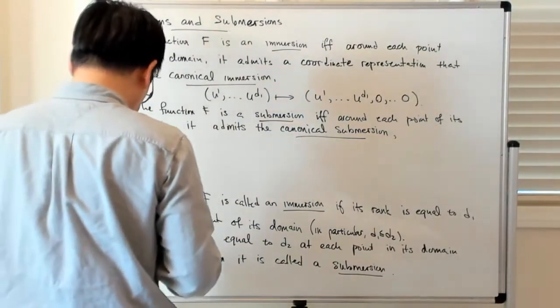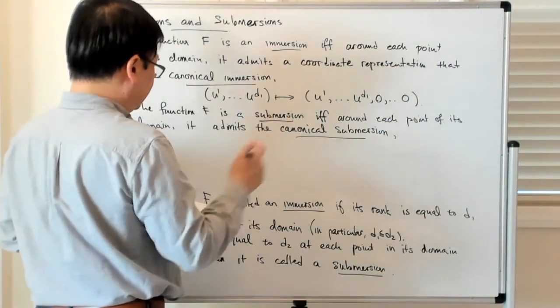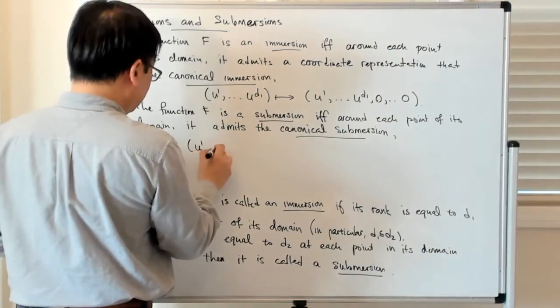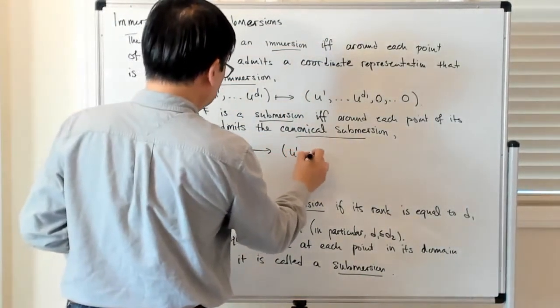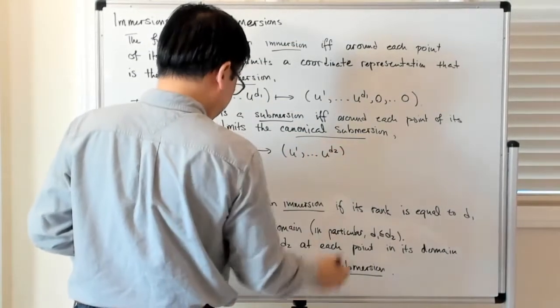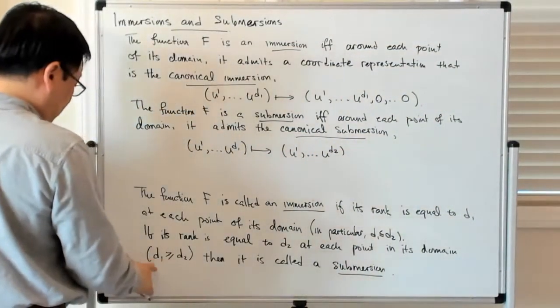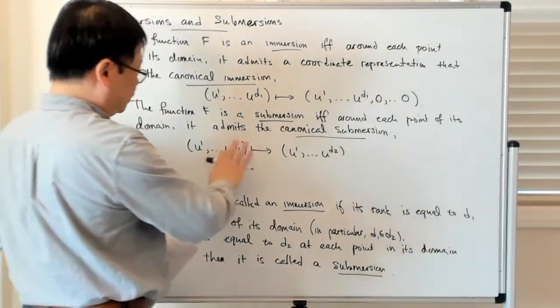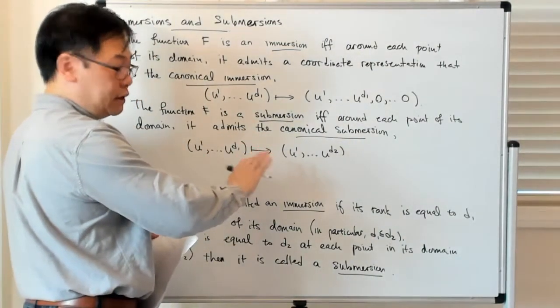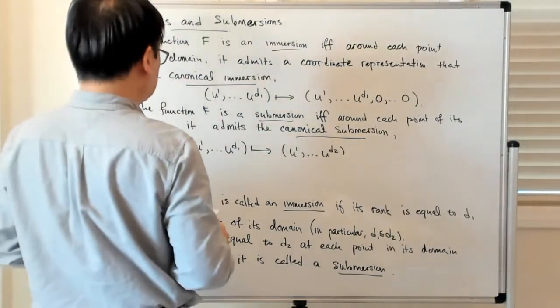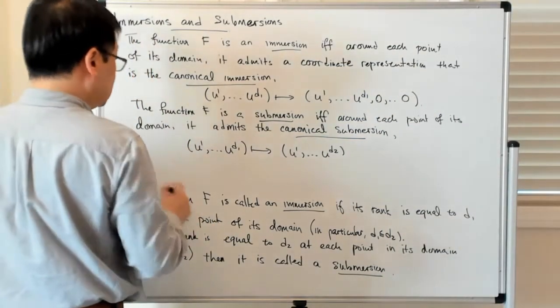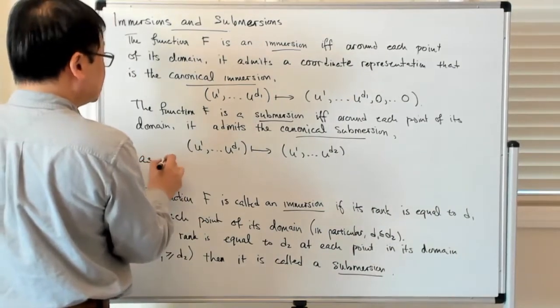Okay, which is basically that you have u1 to ud1 again, and it maps to u1 to ud2. So d1 is greater than or equal to d2, so it's quite possible that you just truncate a few of the entries in the coordinate system. So it admits this as a coordinate representation.